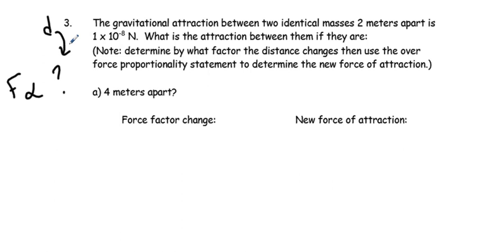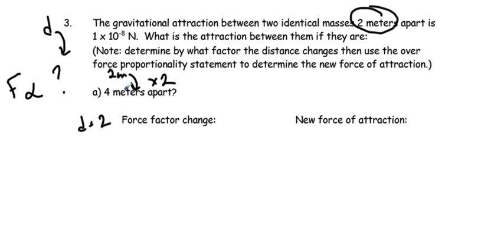And again, I can't tell you what it is because that's the point of the lab. But what I can do is say that it was originally at 2 meters apart. So if I'm going to 4 meters apart, that's times 2. So you'll be entering a 2 in for the D.